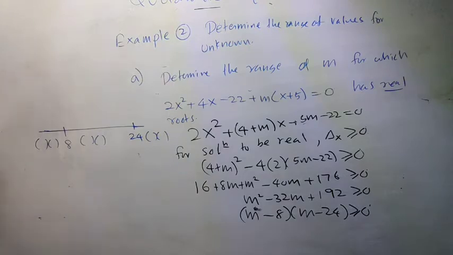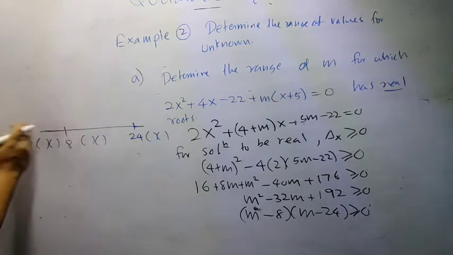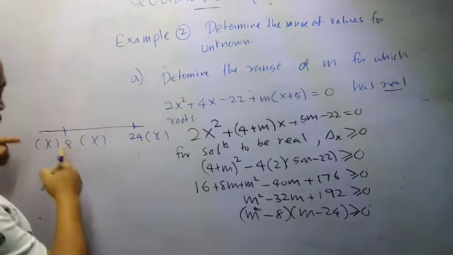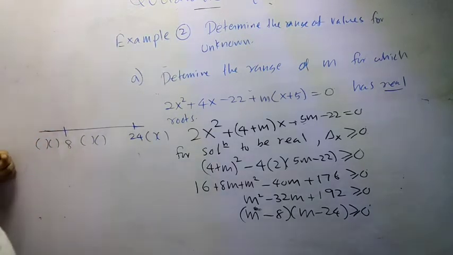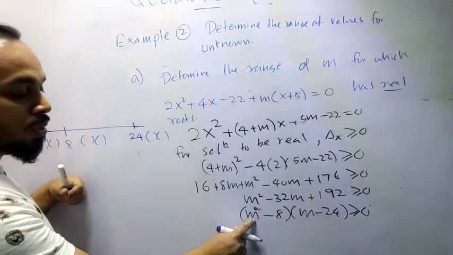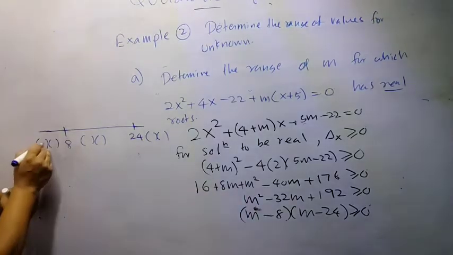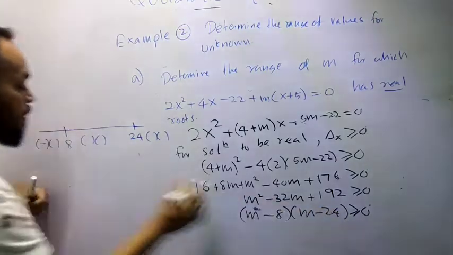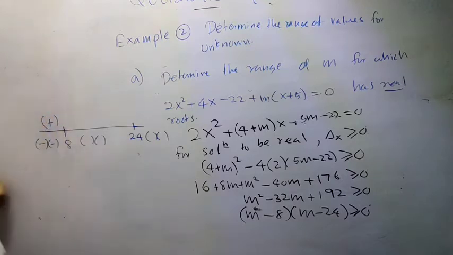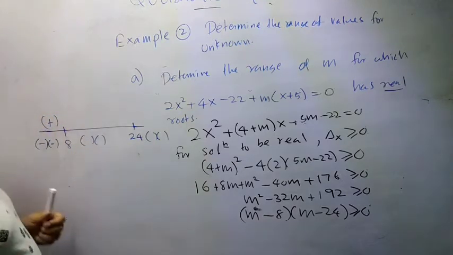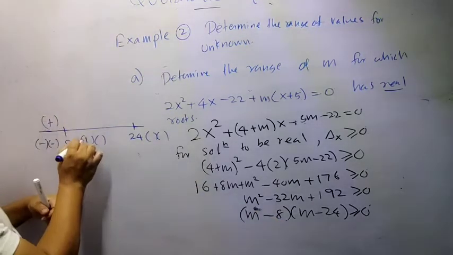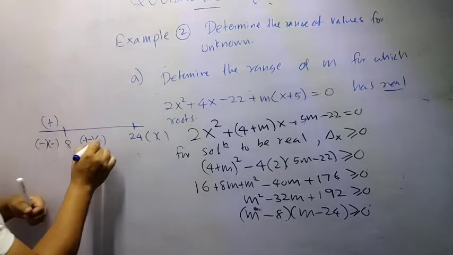Now let's see. When m is less than 8, take a simple value, the simplest one is 0. If we put 0 for m, this is negative, and this is negative. So negative into negative gives you positive. Next, between 8 and 24, a simple value is 10. Putting 10, this is positive and this is negative.